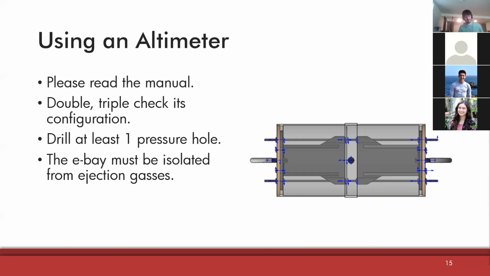It's also important that you drill, because essentially every altimeter relies on a barometer in some form or another. You need to drill a pressure hole, essentially just a hole that opens up the interior of your eBay to the outside so that your barometer can actually read external pressure.